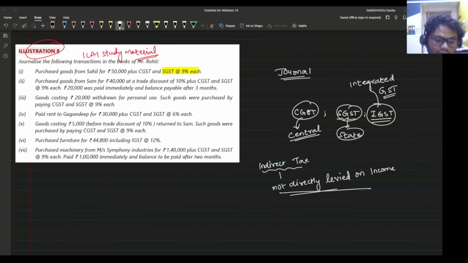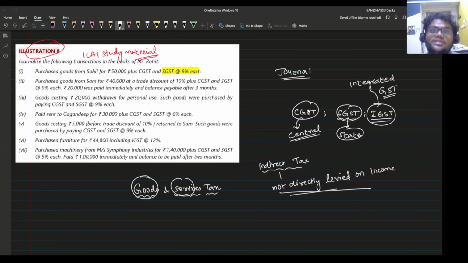And also, while purchasing any food items or any sort of items in our daily lives, you might have observed GST. GST is what? Goods and Services Tax. From the name itself, you can know it is applied on goods as well as services.